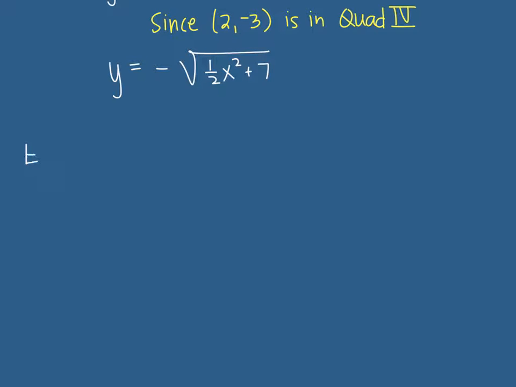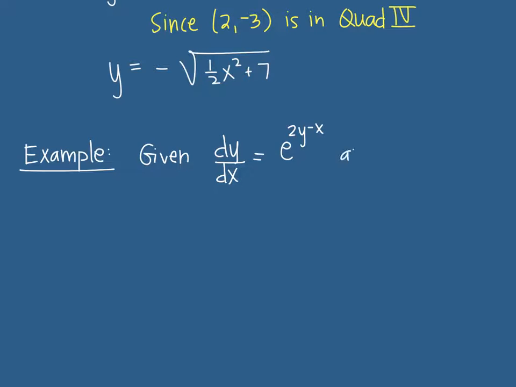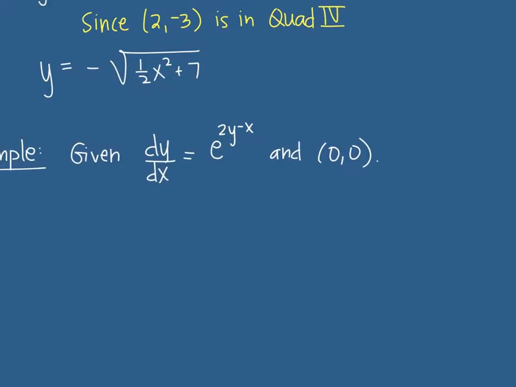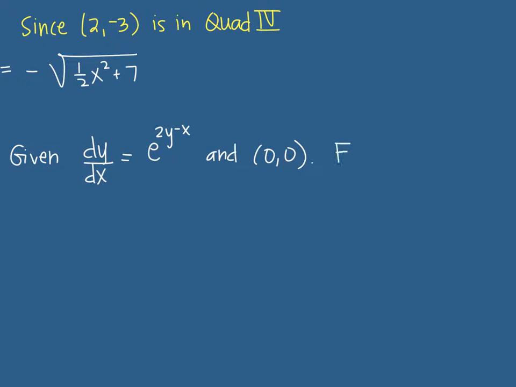Okay, how about something like this? Given another derivative, dy/dx, the derivative equals e to the 2y minus x. And we're going to be given (0, 0) as our initial condition, and we're asked to find y.